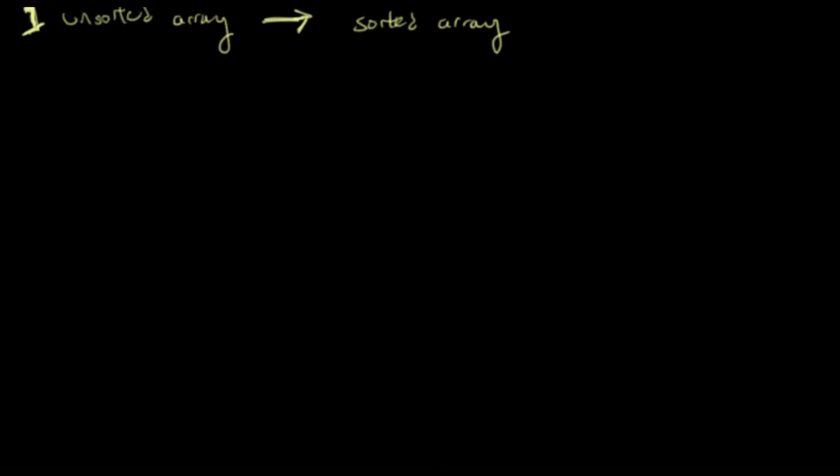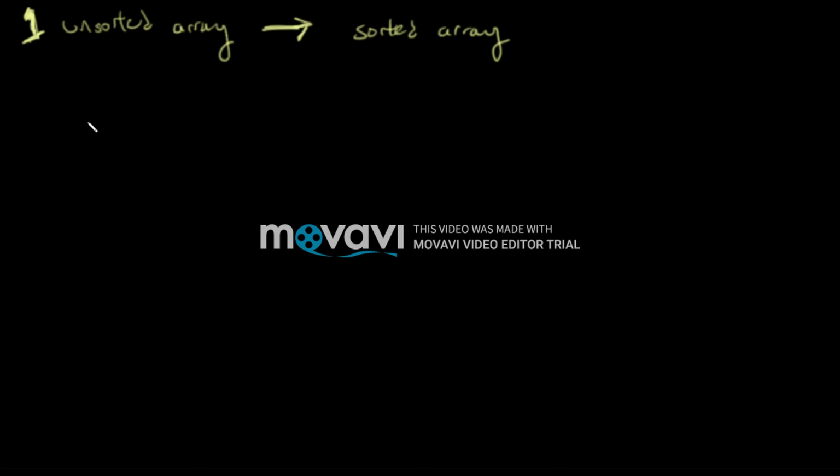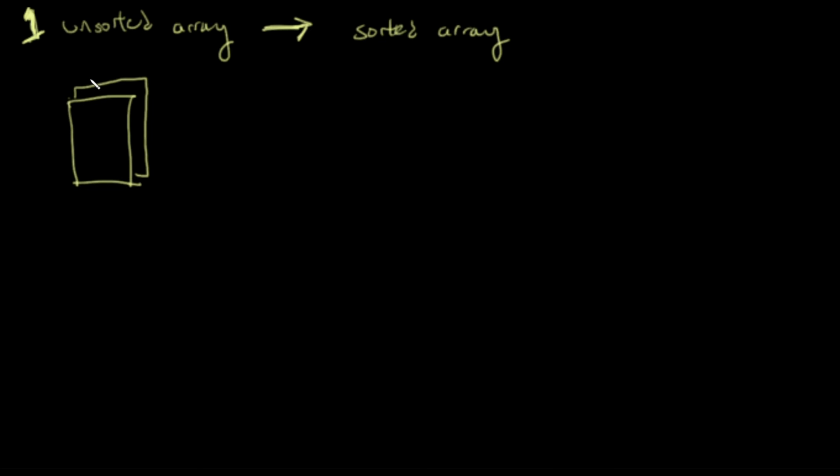So let's imagine for a second that you're given a task. Somebody gives you a deck of cards, representing this unsorted array. This is a really large deck of cards.